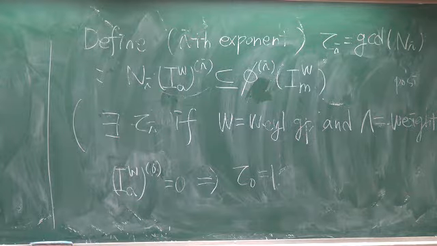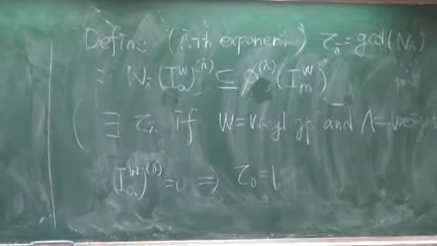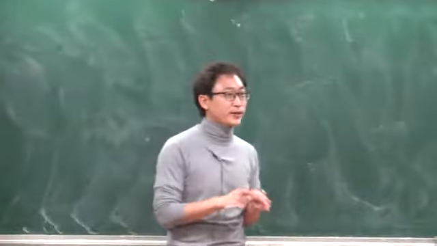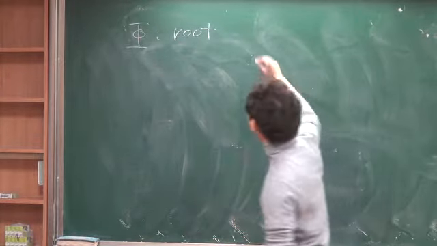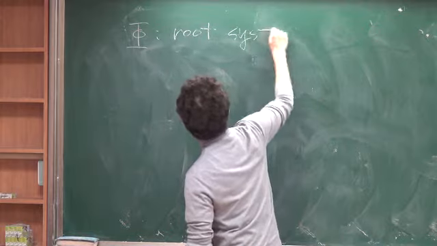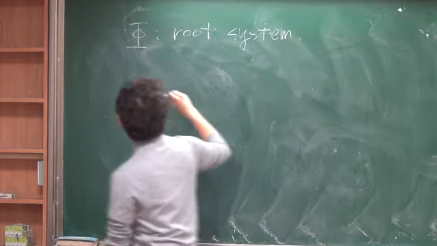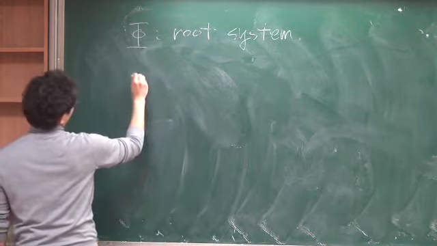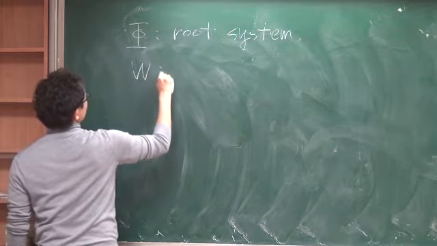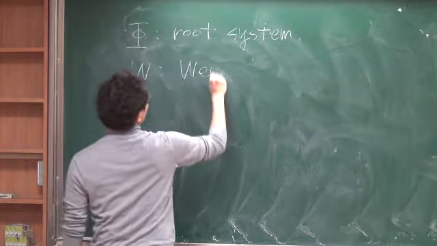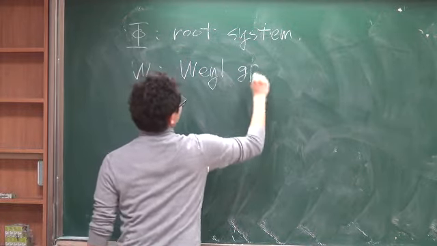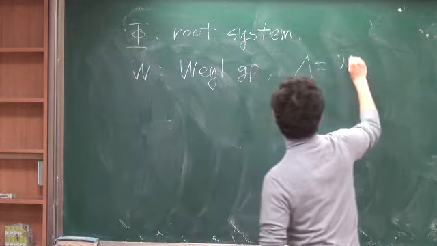And now we restrict to a particular case when R is a root system, a crystallographic root system, and W is the corresponding Weyl group, and Lambda is a Weyl lattice.